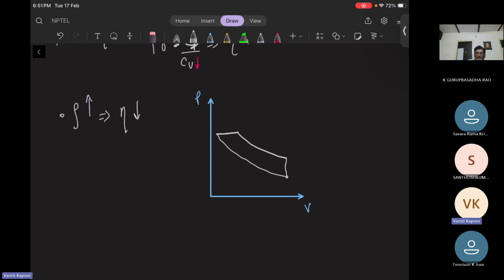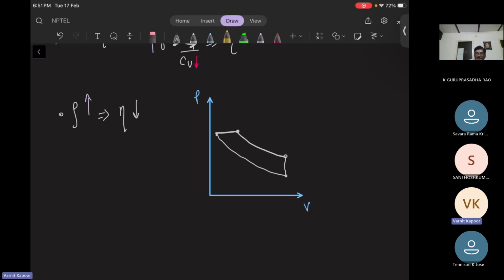If you have seen the previous tutorials, 1, 2, because heat addition is only happening at constant pressure. Whereas in this dual cycle, you are adding heat here as well at constant volume, then at constant pressure, and then finally you are expanding and rejecting. So this is your dual cycle.